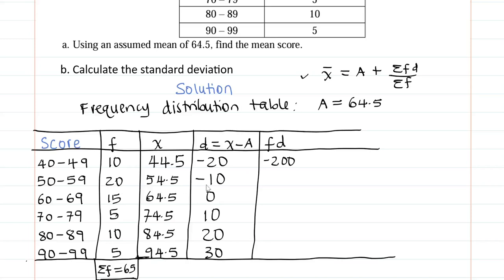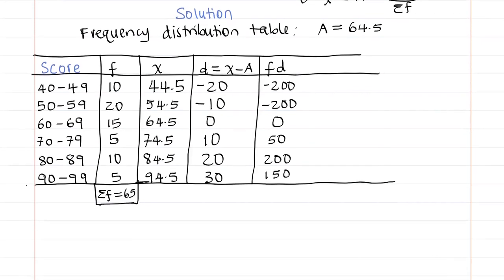And then 20 times negative 10, we again get negative 200. 15 times 0, we get 0. 5 times 10, we get 50. 10 times 20, we get 200. And finally, 5 times 30, we get 150.